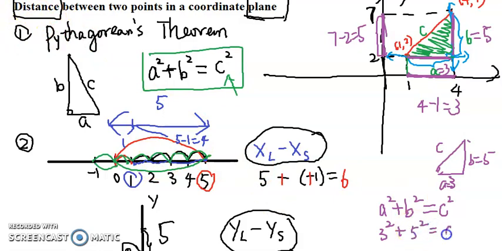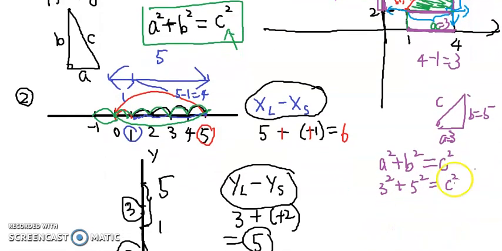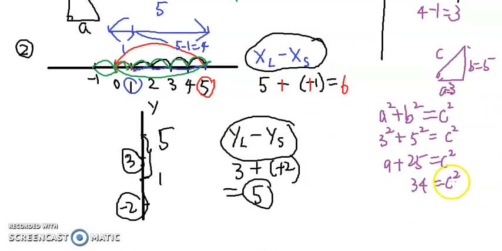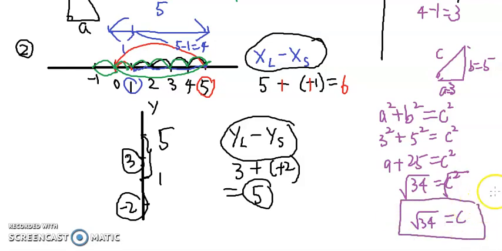We don't have a number for C, so we're going to keep it. And we can simplify that. 3 squared is 9 plus 5 squared, 25, equals C squared, or 34 equals C squared. And we learned radical numbers. In order to find C, we can take the square root of both sides. Because C means distance, it cannot be negative. So we got C equals the square root of 34.